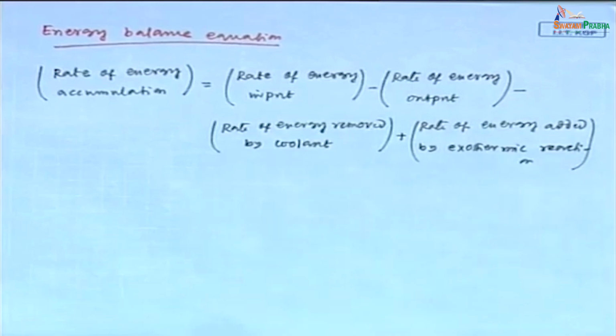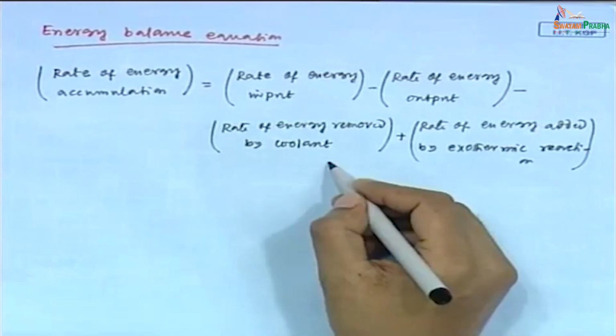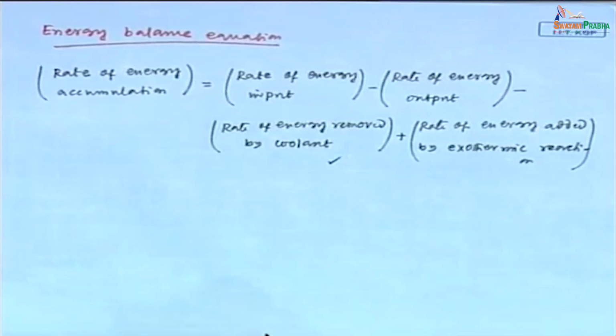So, here 4 terms are involved: accumulation, input, output, energy removal and energy added by the exothermic reaction.